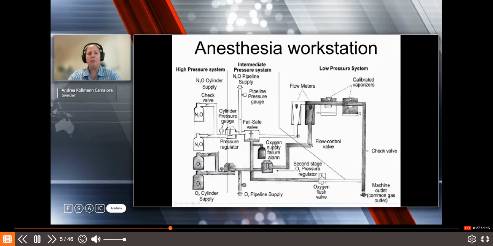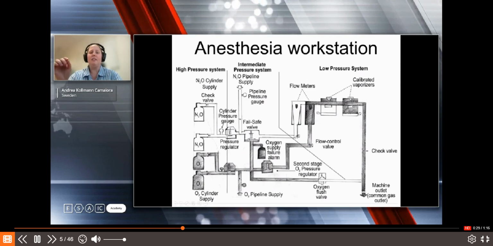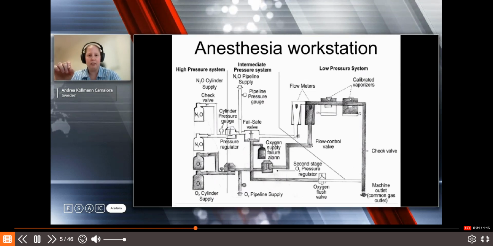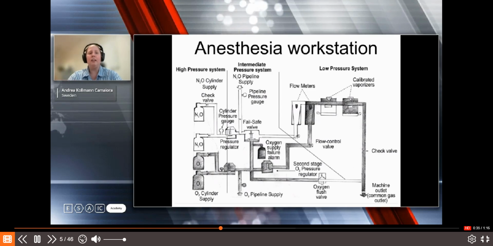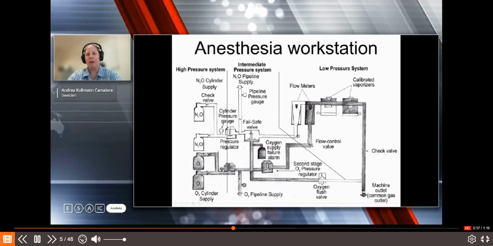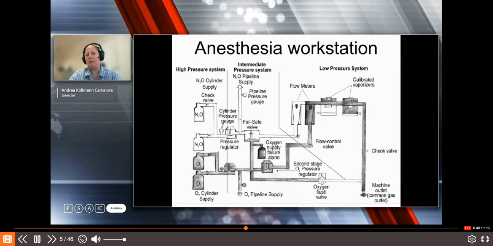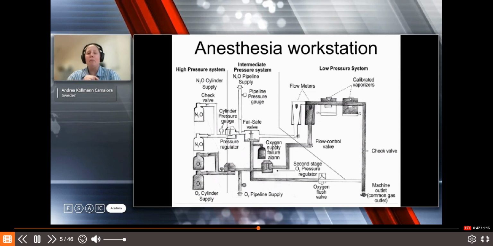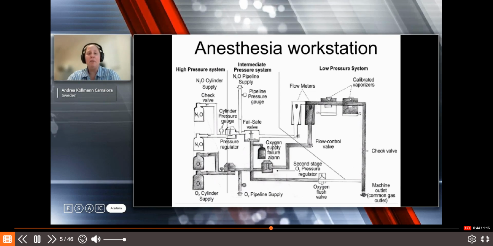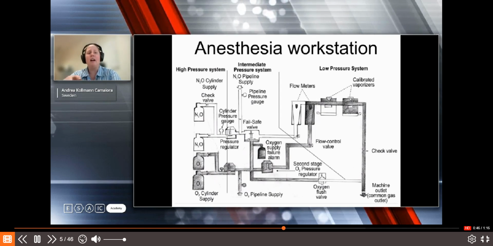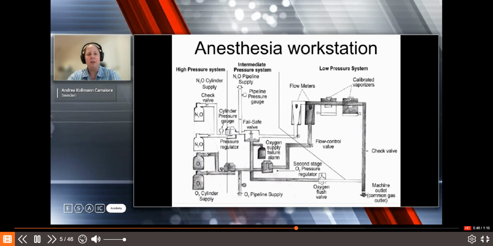The high pressure system is if the gases are coming from cylinders. So high pressure cylinders. Then they undergo a pressure regulation and you get the intermediate pressure system. But if the gases are coming from pipelines, it is directly an intermediate pressure system.